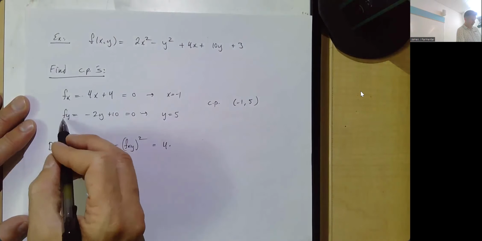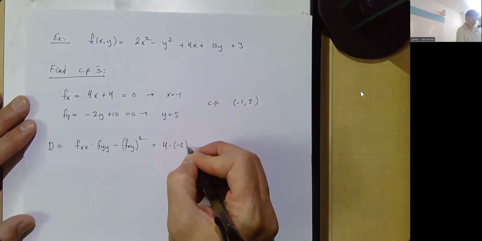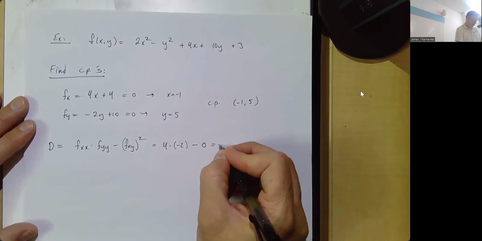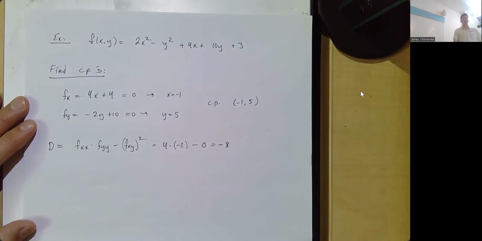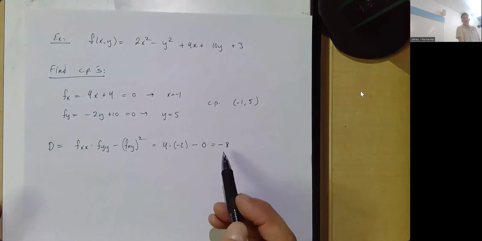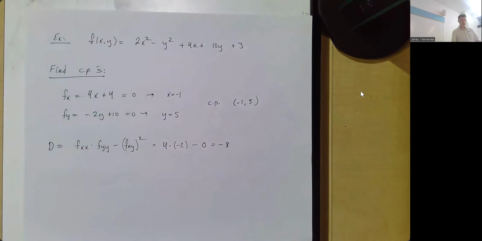For fyy, I'm going to get negative 2. And again, for fxy or fyx, I'm still getting 0. These are not very exciting in that a lot of the time when you calculate D, you're going to have to plug in your critical point to see if it's giving you a max or min. Here, there's nowhere to plug in an x or a y. D is just negative 8 all the time.